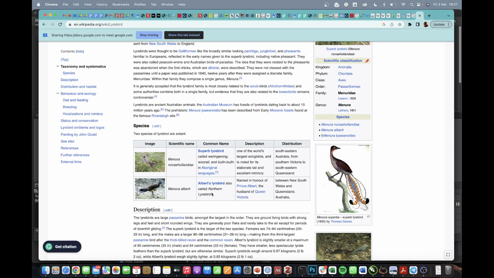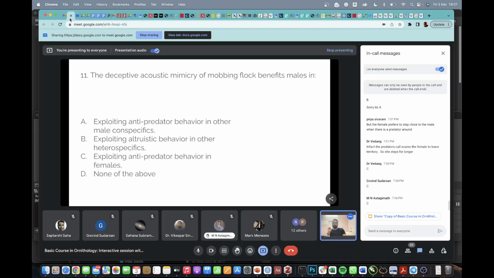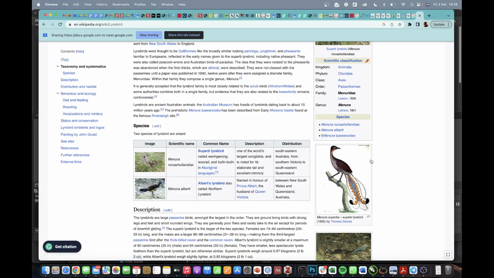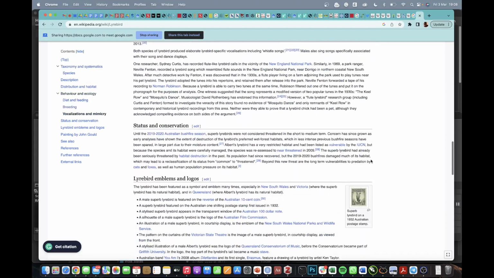Superb and Albert's lyrebird. You can check the tree of life. I am not sure what's the closest, I'm googling by the way.